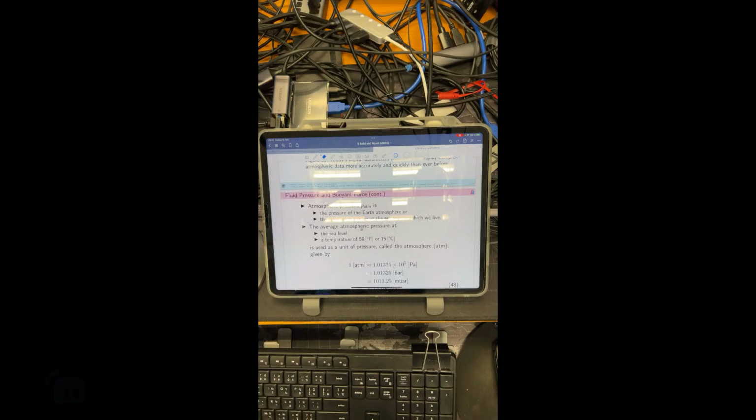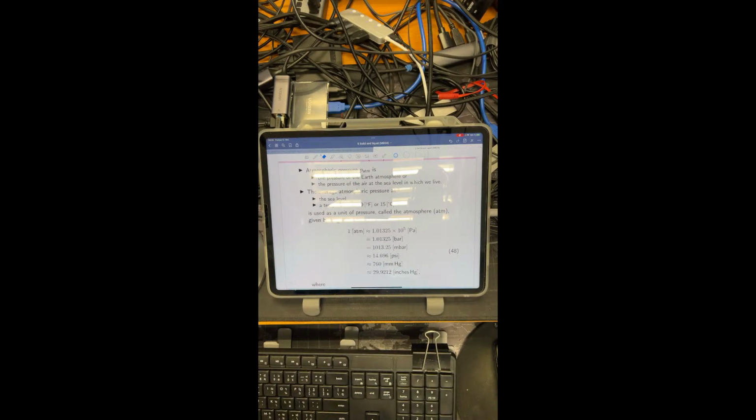The average atmospheric pressure at sea level is measured at 15 degrees Celsius, and is used as a unit of pressure. It's called atmospheric pressure.